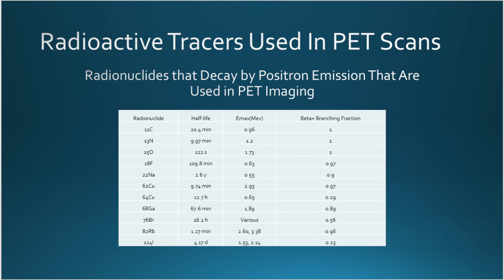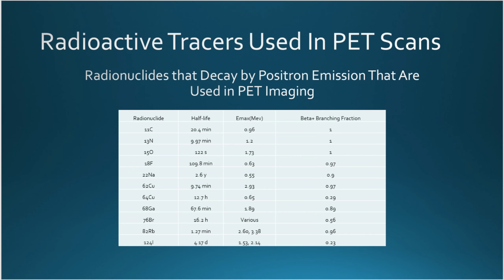Now I will talk about the radioactive tracers that are present inside of PET scans. So the radionuclides that decay by positron emission that are used in positron emission tomography imaging are listed below.